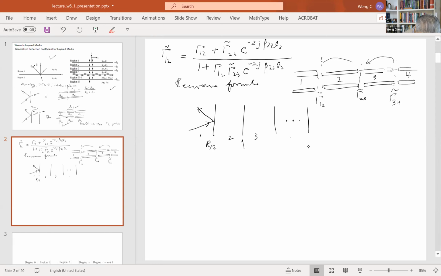And then I might have a local reflection coefficient at the 2,3 interface, and then I will have another reflection coefficient at the 3,4 interface. Using the same technique, using mathematical homomorphism, using mathematical analogy, I can write down the generalized reflection coefficient at this junction.